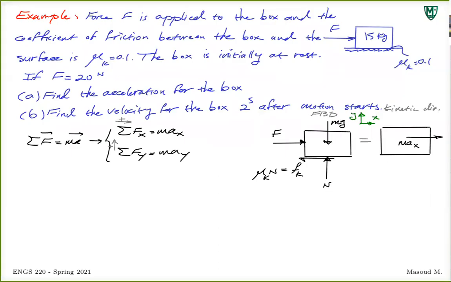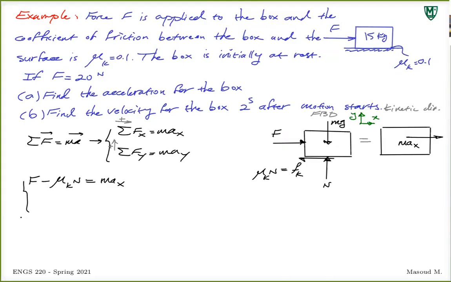So summation of forces in X direction, we have F in positive direction, minus Fk, which I put as mu Kn. These are all the forces in X direction. There's nothing else there. Now I go to the right side. That is equal to MAX.